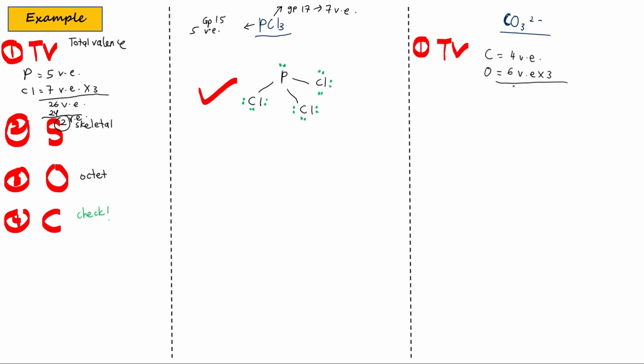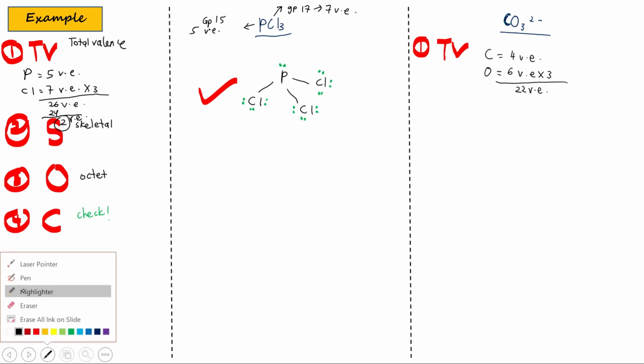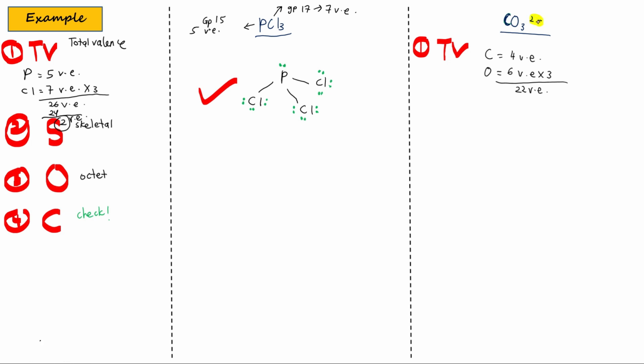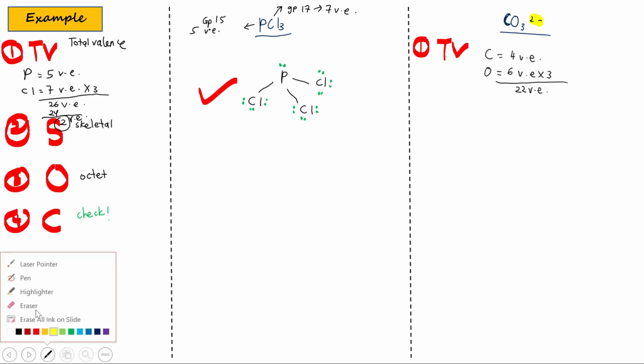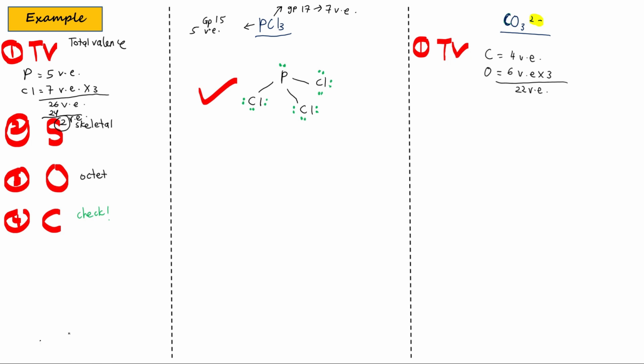So there are 22 valence electrons. But we need to pay particular attention to the charge. If you can see here, the charge is 2 minus. That means the ion gains 2 moles of electrons, so we need to add another 2 electrons, becoming 24 valence electrons.